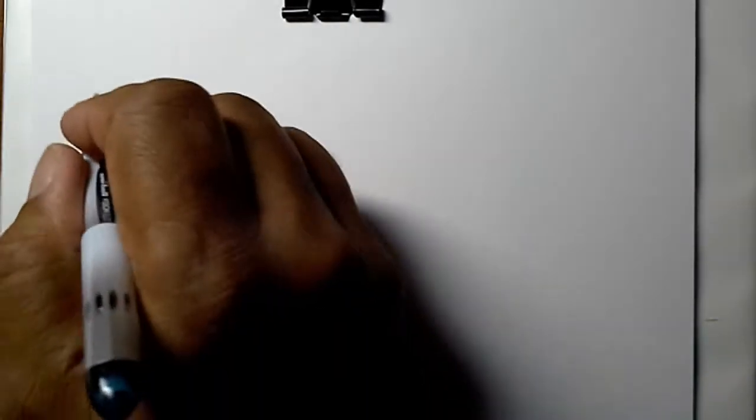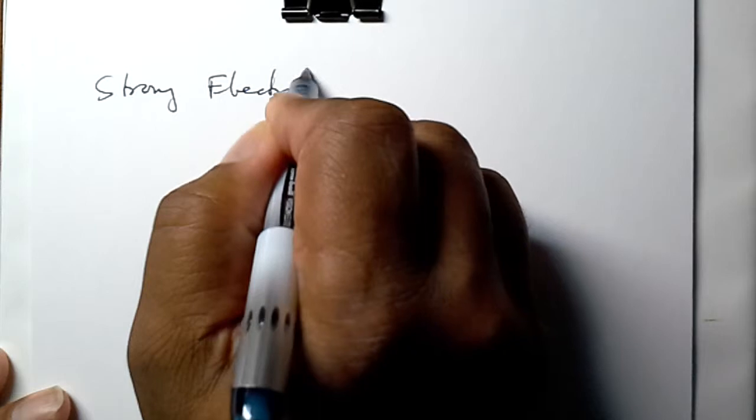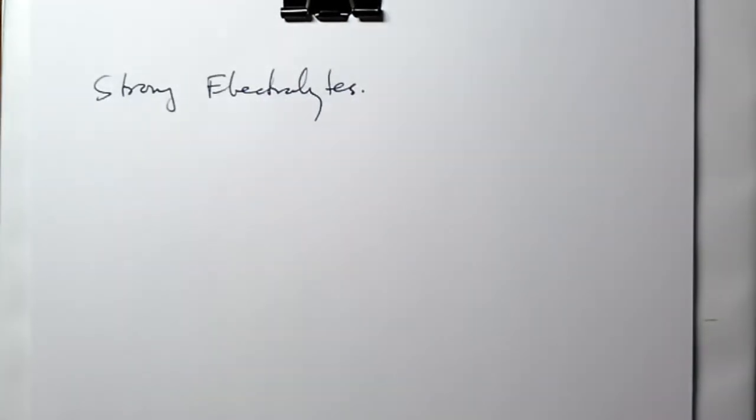What is the other kind of electrolyte? Obviously, strong electrolytes. Strong electrolytes are those that are completely dissociated in water.